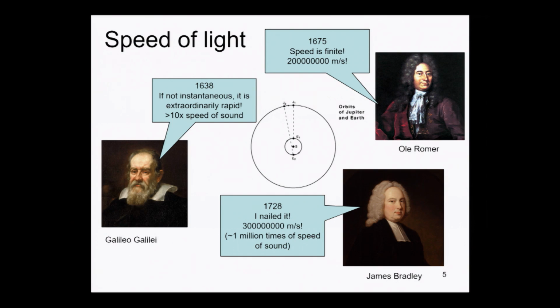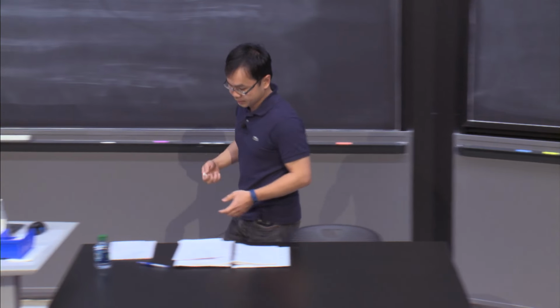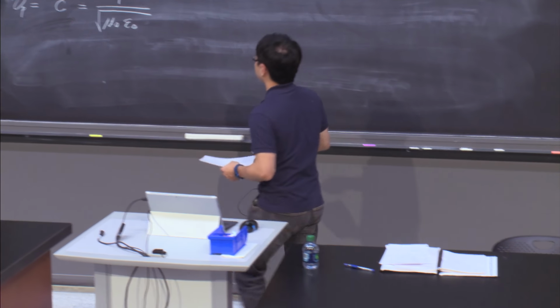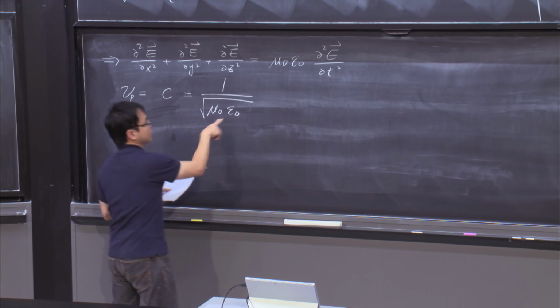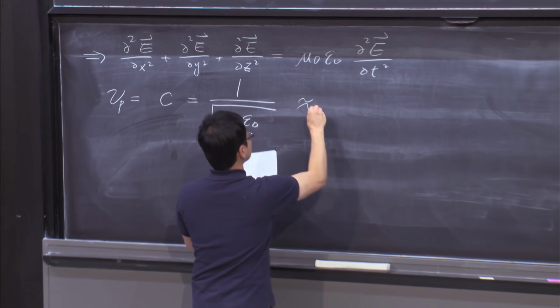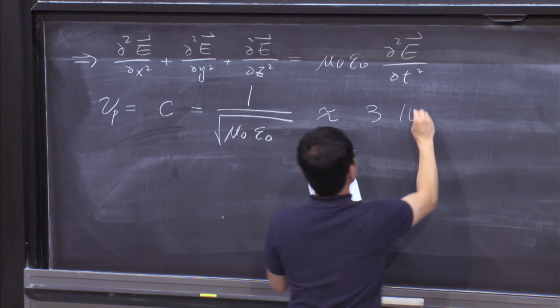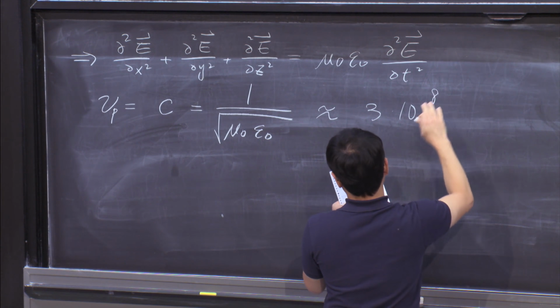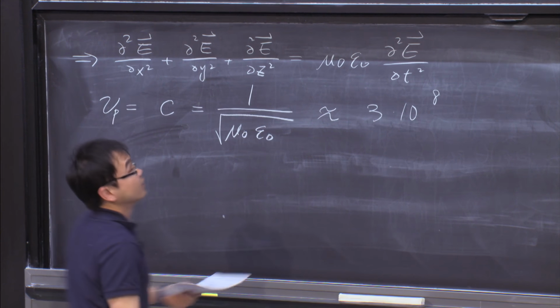And finally, again using the star and the observation of stars as a tool to calculate the speed of light, James nailed it, and he found a value which is really close to the current understanding of the speed of light, which is 3 times 10 to the 9 meter per second. Okay, so if you calculate using all those constants here, you'll see that from Maxwell's equation, it should be 3 times 10 to the 8, not to the 9.